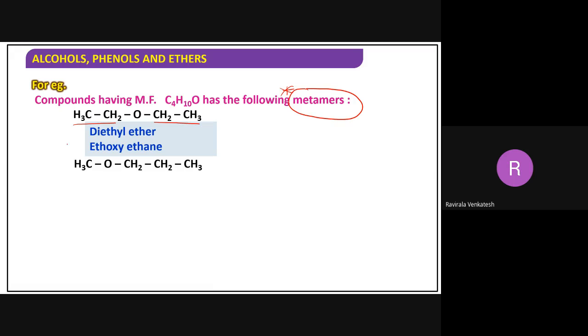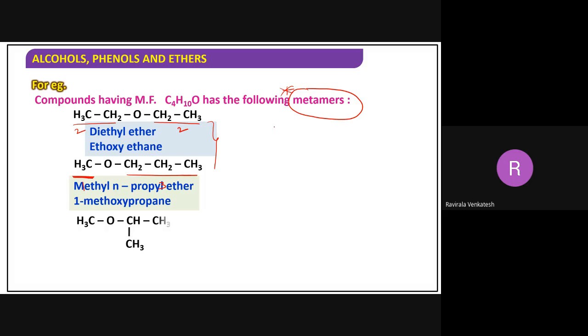Now observe here, 2 carbons on this side, and 2 carbons on the other. Here 1 and 3. Now these 2 are metamers because the number of atoms on either side is different: 2, 2 and 1, 3 are different.